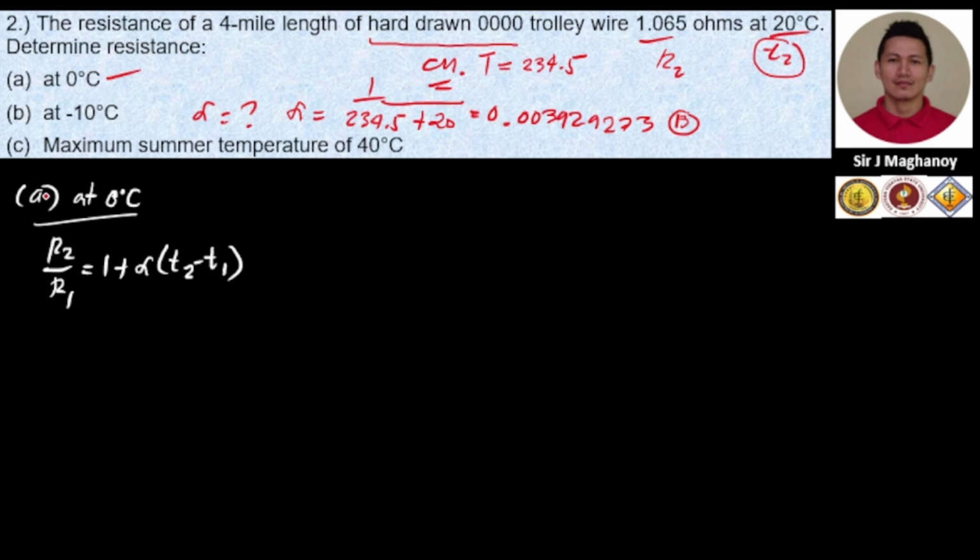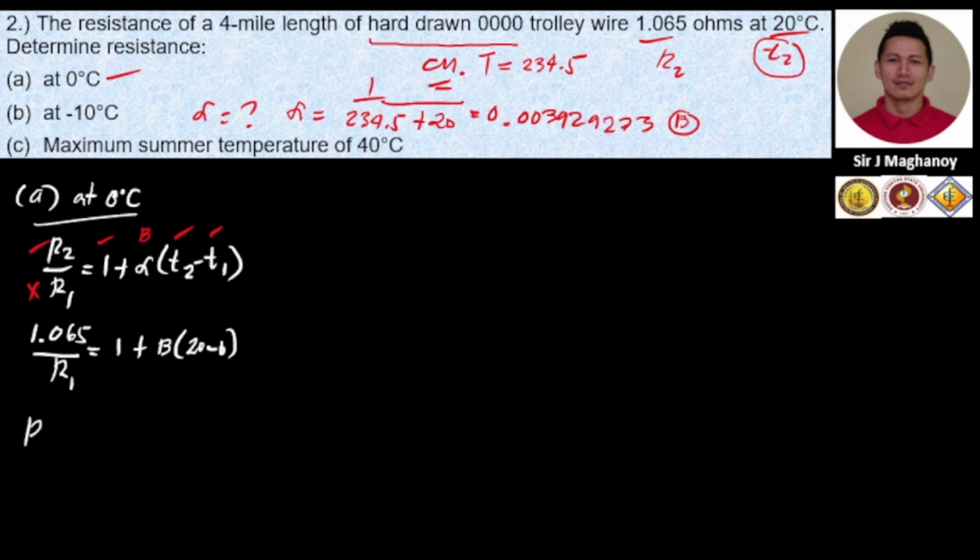R2 is given, that is 1.065. R1 is our unknown. The temperature coefficient is our alpha B. T2, our final temperature given, is 0. Okay, so let's solve for R1. R2 is 1.065 ohms, R1 is unknown, times 1 plus our alpha B, which is our temperature coefficient, times 20 minus 0.